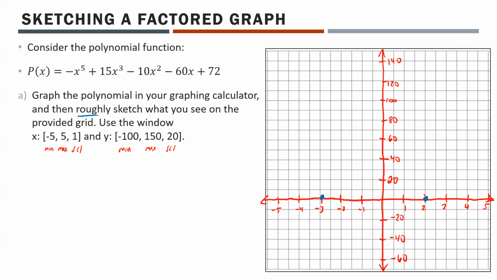Now, the one at negative 3 looks like it's probably a multiplicity of 2 because it has kind of a quadratic look to it. But before I draw it, I also want to acknowledge that we have a y-intercept that looks like it's somewhere between 60 and 80. So I'll put a dot right there just to help guide my graph. And it also looks like we have a bit of a maximum at about negative 1 and then close to 100. Not quite 100, but pretty close.